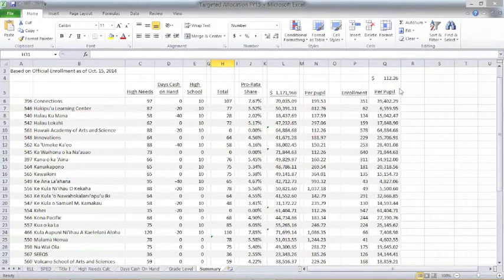So the remaining 50% is expected to be distributed on a targeted basis, and a decision by the commission is expected at their November 12th meeting on Thursday, the second Thursday in November.